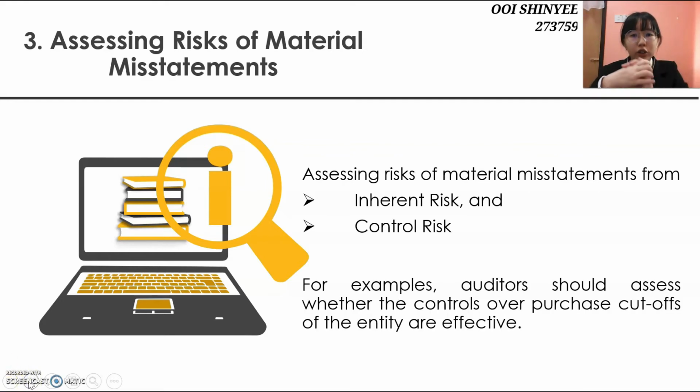Next, auditors should assess whether the controls over purchase cut-off of the entity are effective to ensure that the purchases and payables are recorded in the proper period. Once the risk of material misstatements is determined, the auditors should design further audit procedures appropriately.